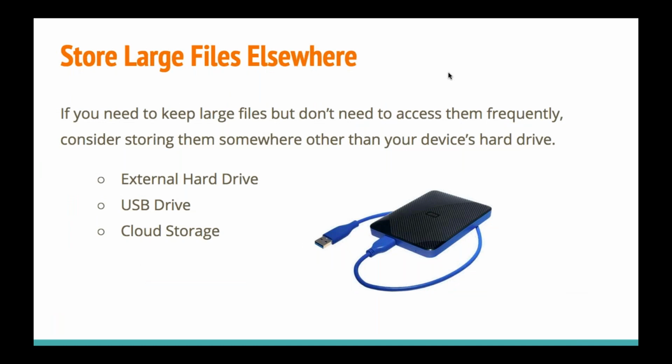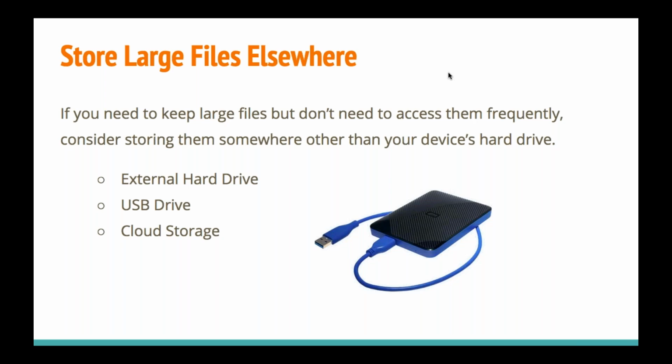One other option in terms of saving space, if you've done all of that work and looked through and decided you really do need to keep everything, is that you can think about storing large files elsewhere. If you don't need to access them frequently, a good option could be to put them somewhere else other than your device's hard drive. So you could use an external hard drive, which is what's pictured here.